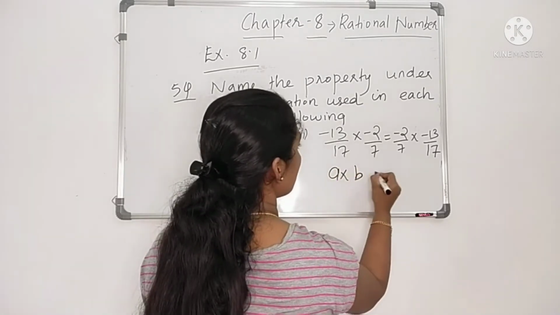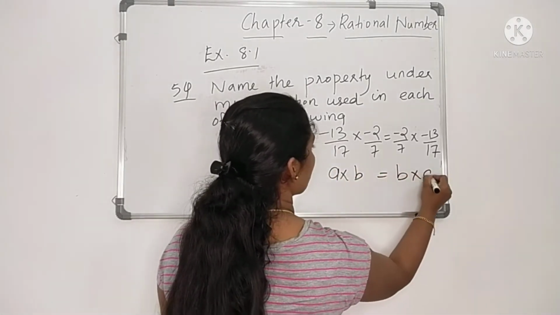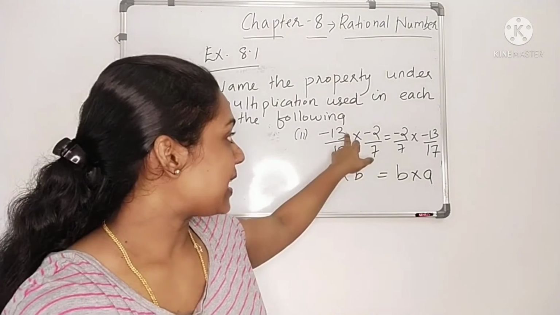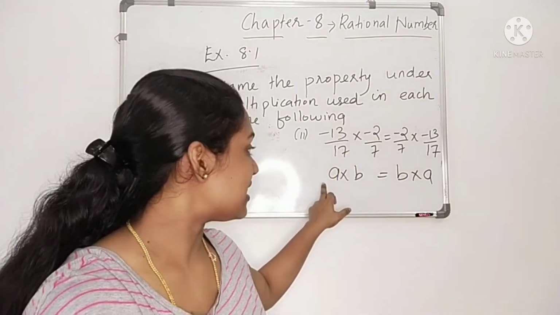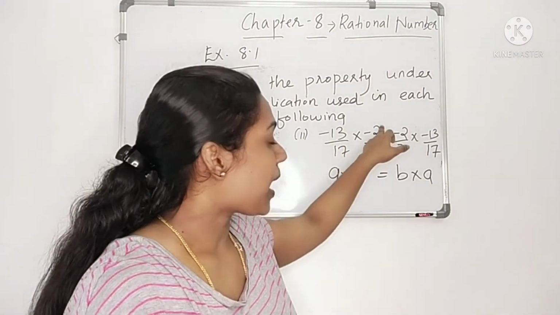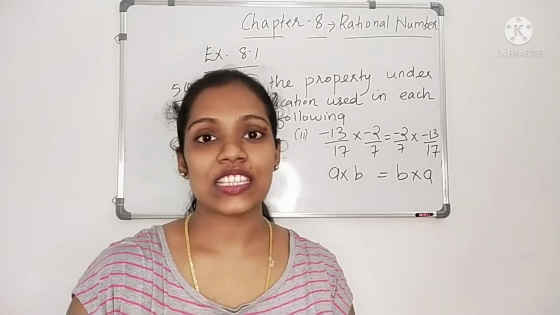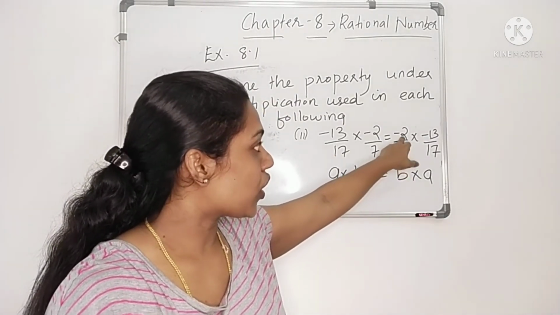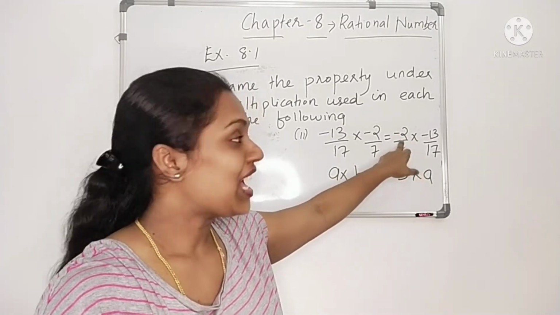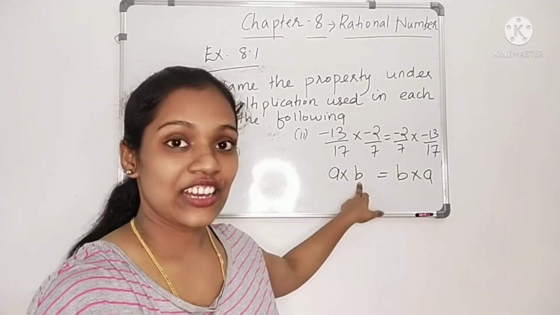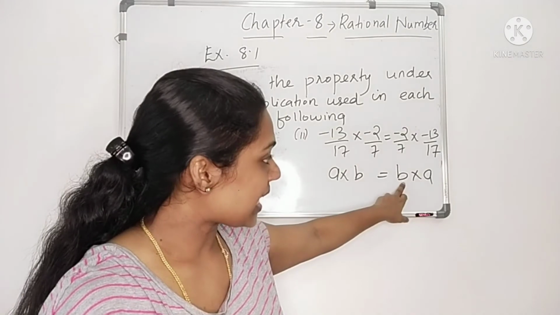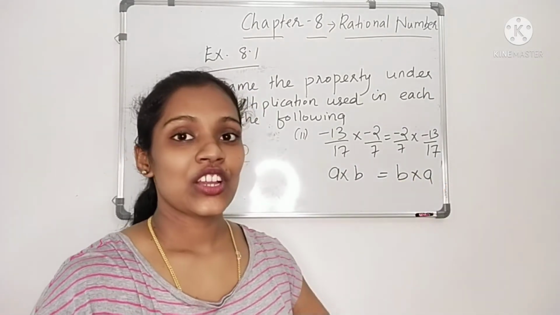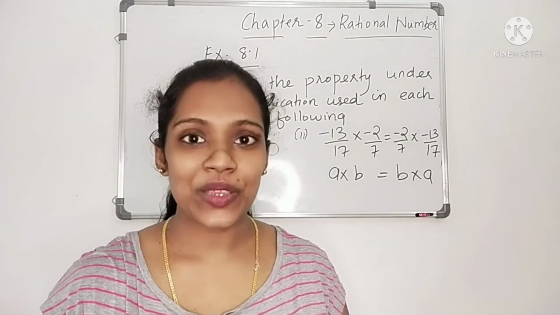A into B equal to B into A, because I have considered minus 13 by 17 as A and minus 2 by 7 as B. Then here again you have got minus 2 by 7, which I have taken as B, so write B into A.